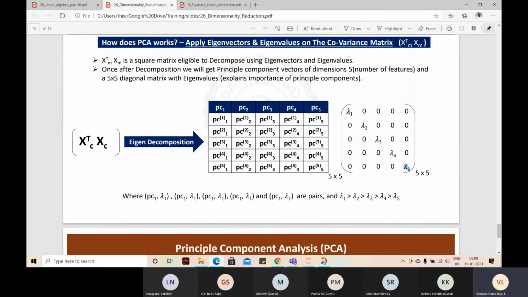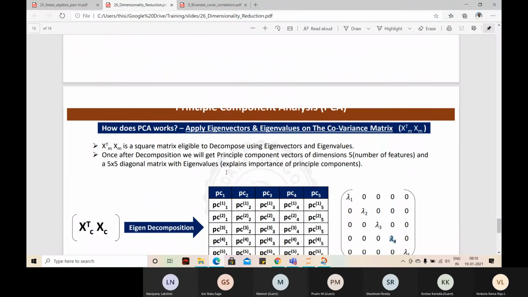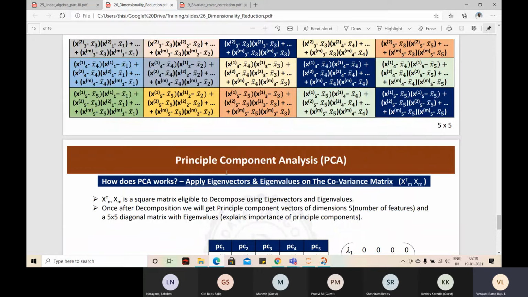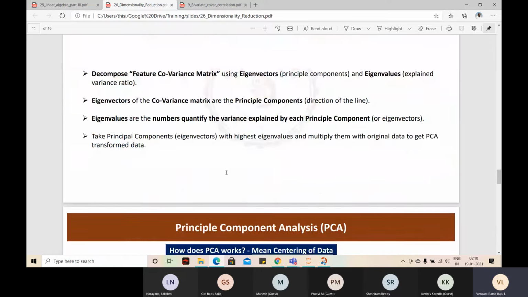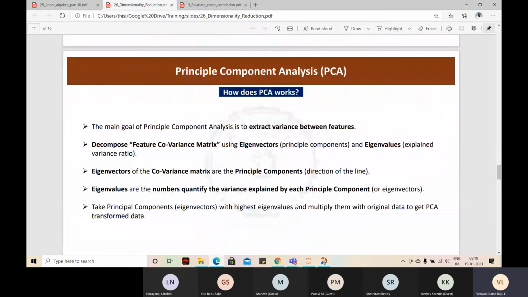When I say belongs to, this number quantifies how much essence the first principal component extracted. This number quantifies how much the second principal component extracted, this explains how much the third, this the fourth, like that. So each principal component is a direction, and the eigenvalue tells you how much essence.